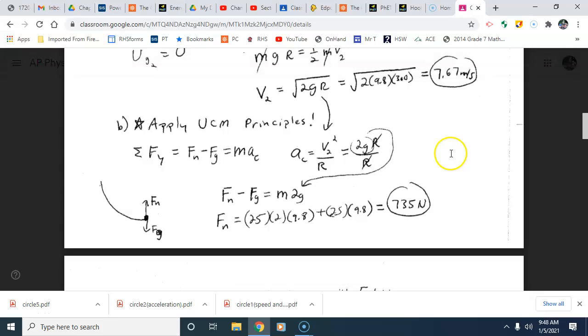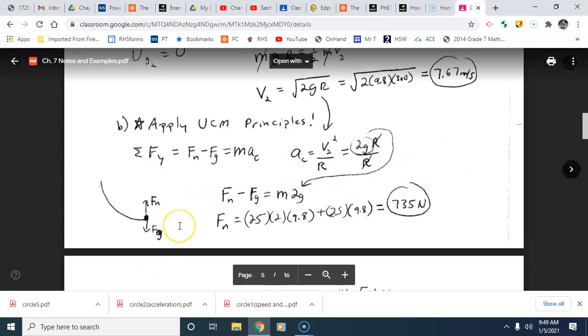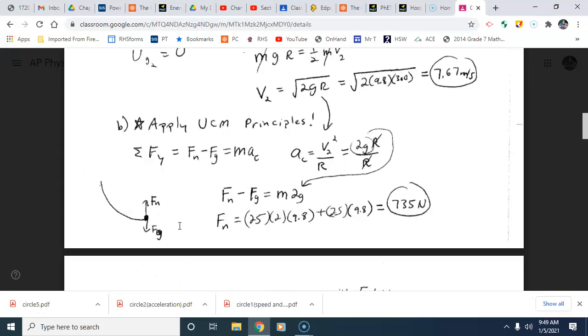So at that moment, we're going to go back to Newton's second law. We can't do this part with energy, but we're going to use some variables from above. Applying uniform circular motion principles, Newton's second law tells us that for circular motion, the force or forces affecting the circular motion at any given moment equals mass times centripetal acceleration.